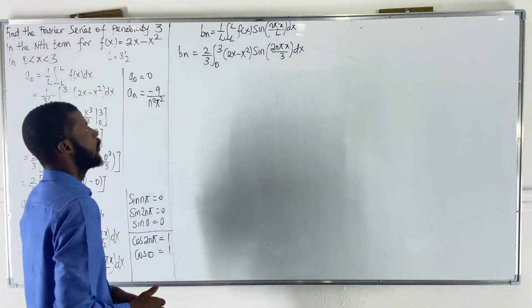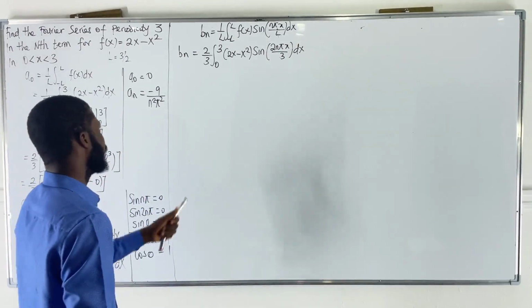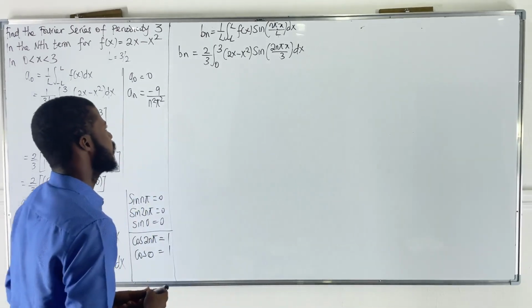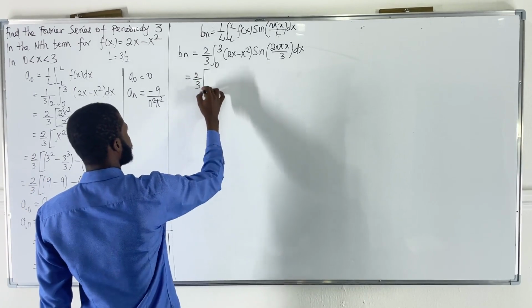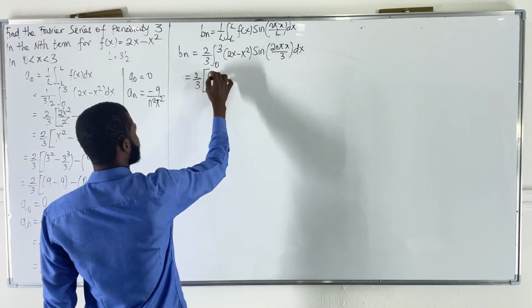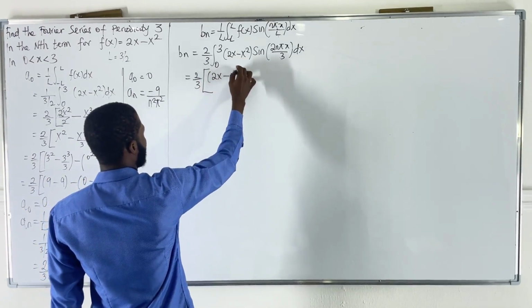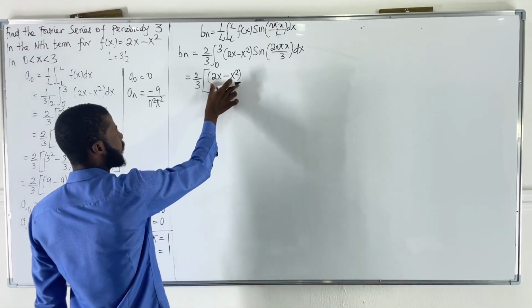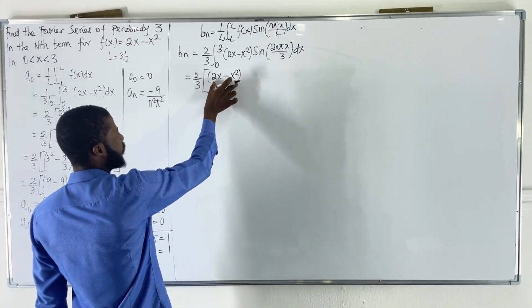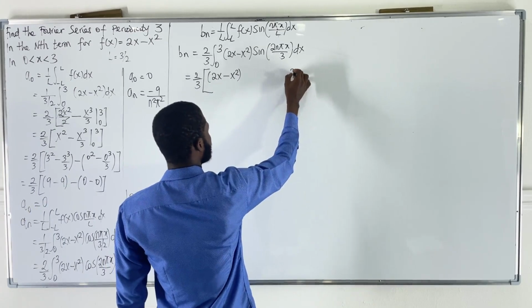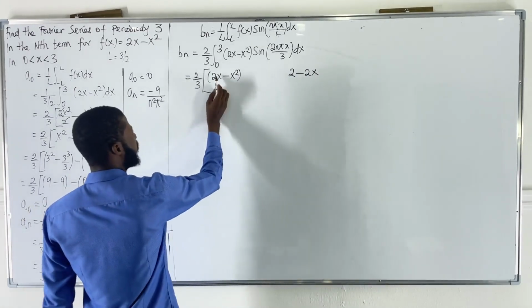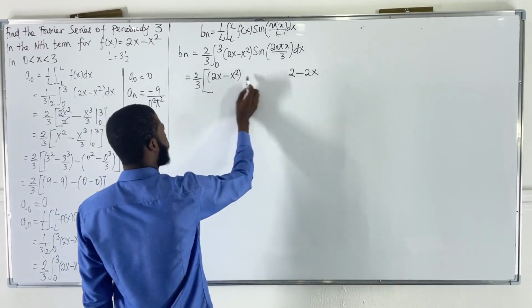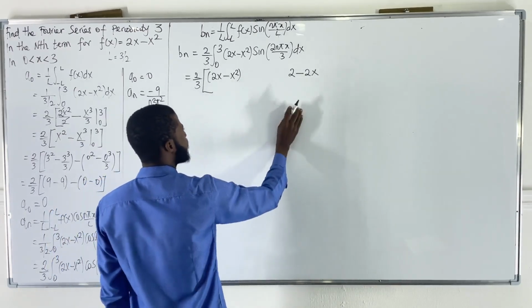Now this is where we use integration by parts. So this will be 2/3. I'm going to write this value, 2x minus x squared. Differentiate this value: you will get 2 minus 2x, because when you differentiate 2x you get 2, and when you differentiate x squared you get 2x.